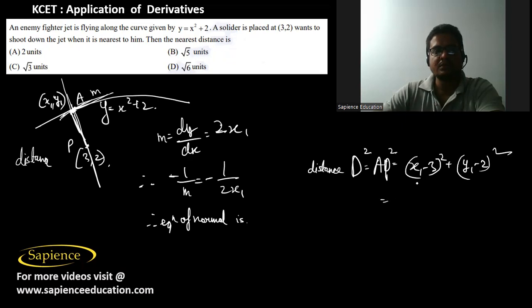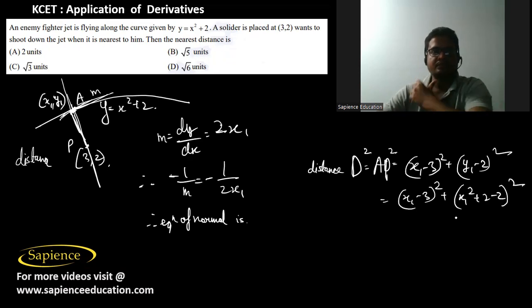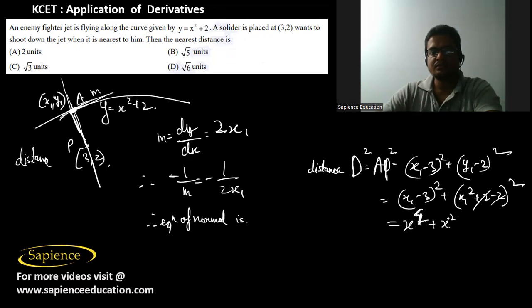So this will be x1 minus 3 whole square plus y1, which is x1 square plus 2, minus 2 whole square. So this will be x power 4 plus x square plus 9 minus 6x.